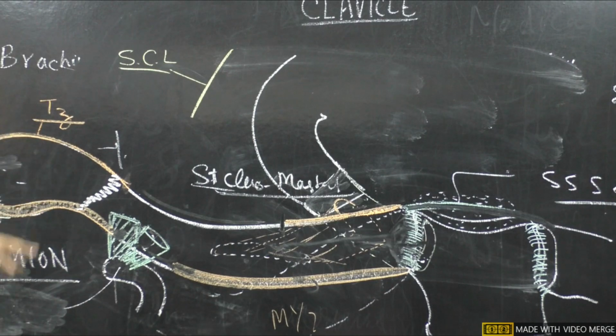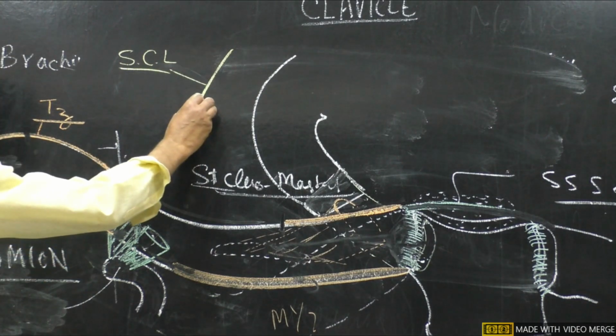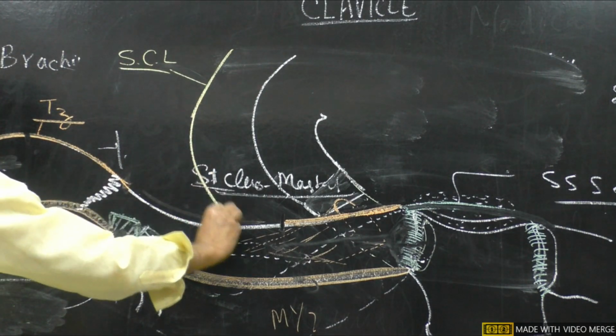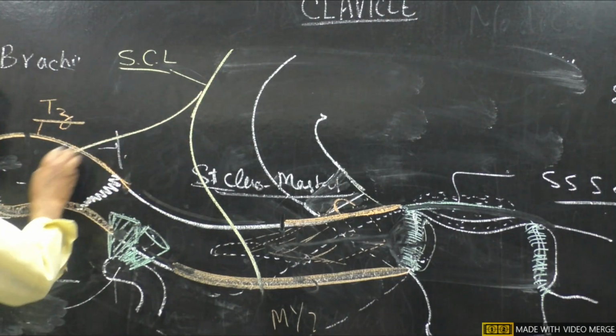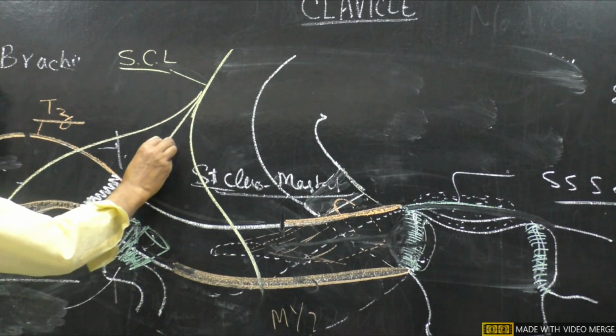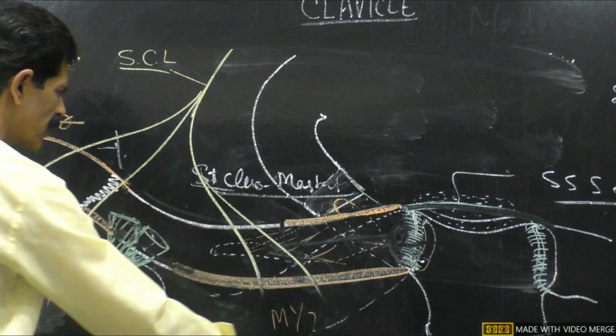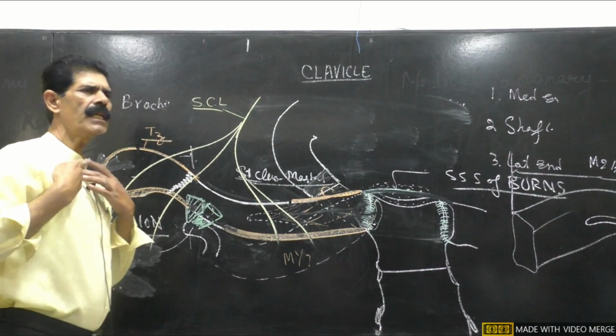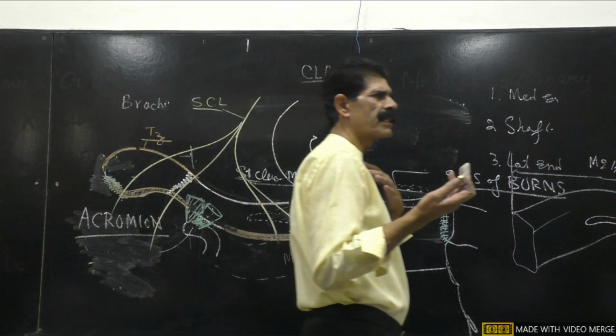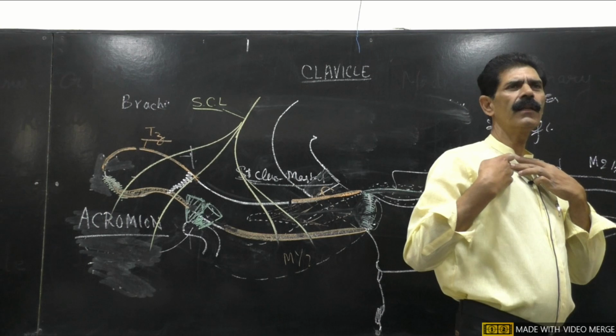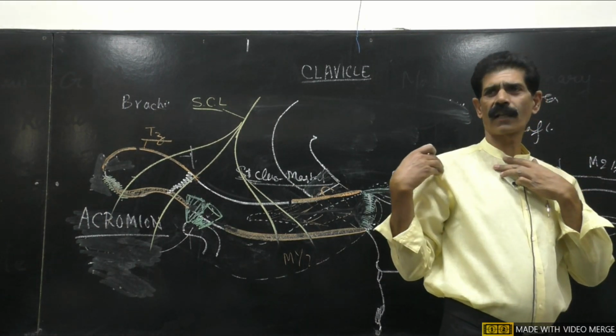And this supraclavicular nerve, before entering into the upper part of the thorax, before passing above the clavicle, just below the skin, divides into 3 branches: medial branch, lateral branch, and intermediate branch. And what is the function of this nerve? It is cutaneous, so it is sensory, so it supplies the skin of the upper part of the thorax.